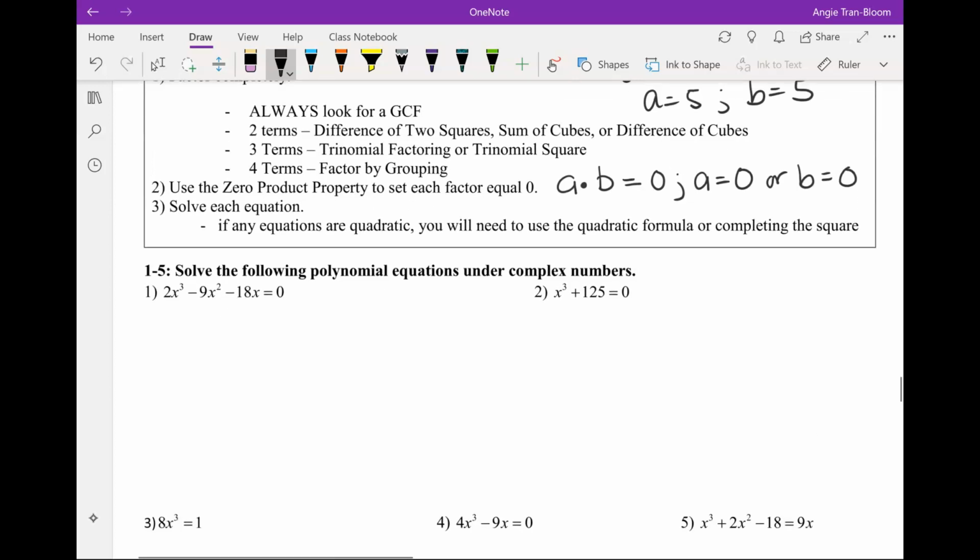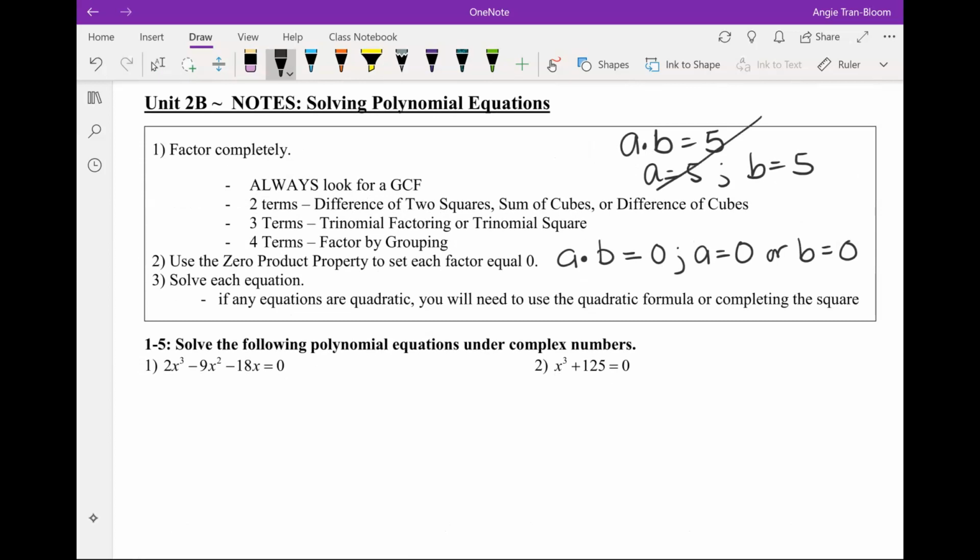So this is only going to work if it equals what? 0. So when A times B is not equaling 0, it's not always true that A is 5 or B is 5. A could be a fifth, right? And B could be 10. Would you guys agree with that? So that's why we can't do that if it's not 0.